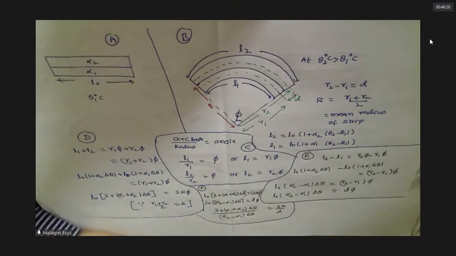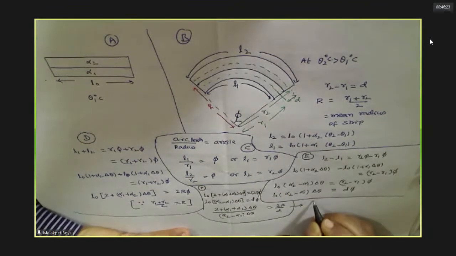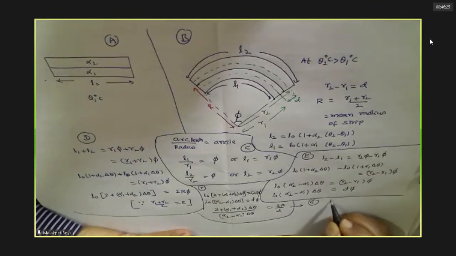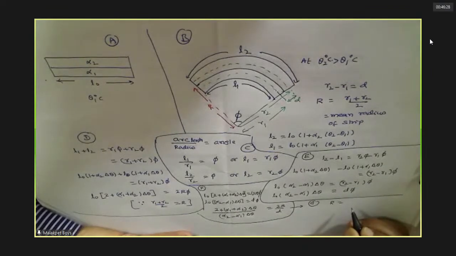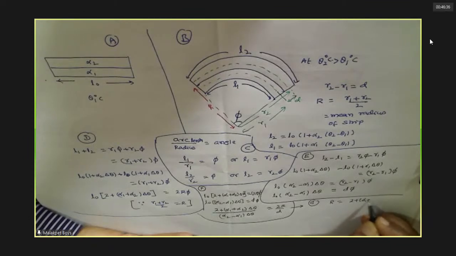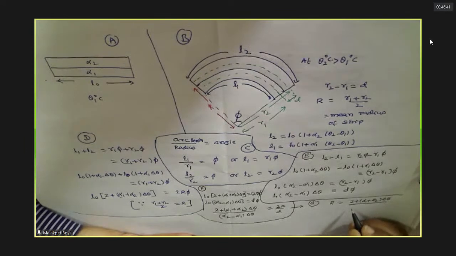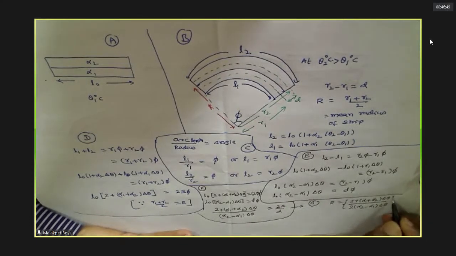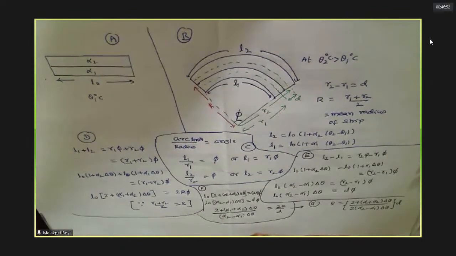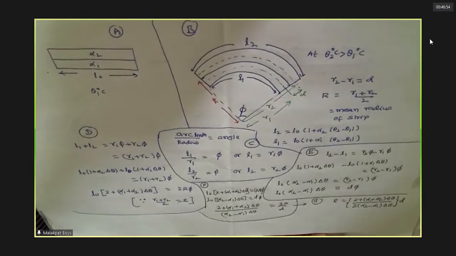So that means the last part we need R, the radius of the bimetallic strip. Any doubt is there in this?